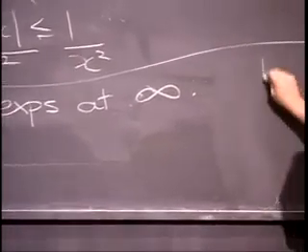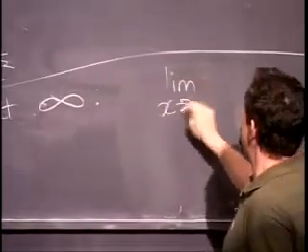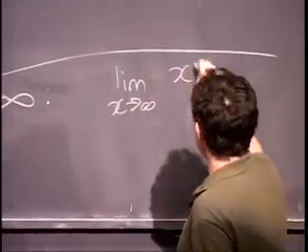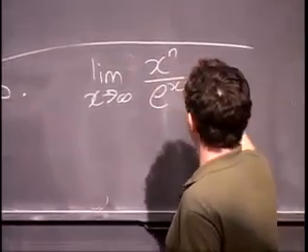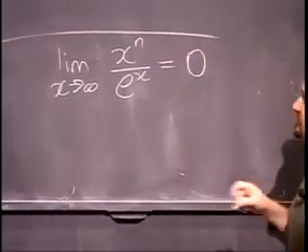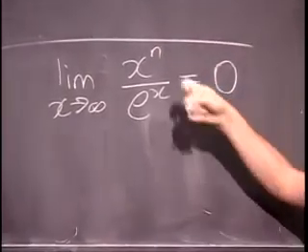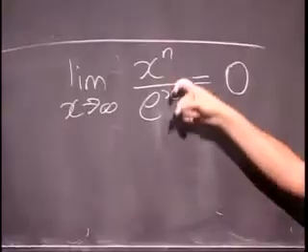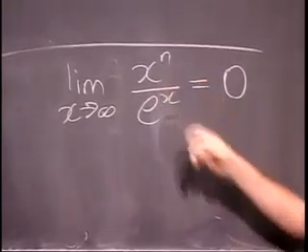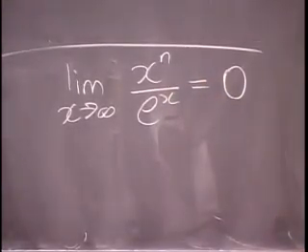We knew that the limit, as x goes to infinity, of any power of x over e to the x is 0. We've seen this before. You can actually use L'Hopital's rule n times. Every time you hit this with a derivative, this goes down a power, but this remains unscathed. So eventually you get 0. So this is true.